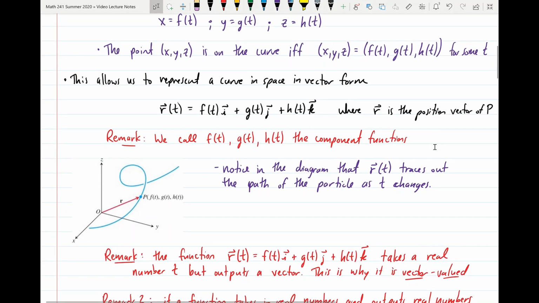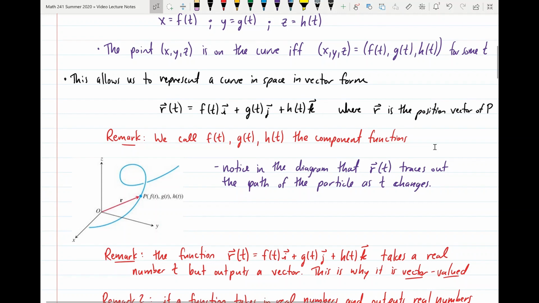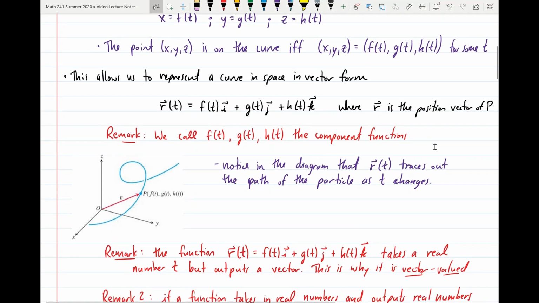So we can write a vector equation for the curve in space. Here we have what we're going to call the position vector, r of t, and we can set that equal to f of t times the vector i plus g of t times the vector j plus h of t times the vector k.